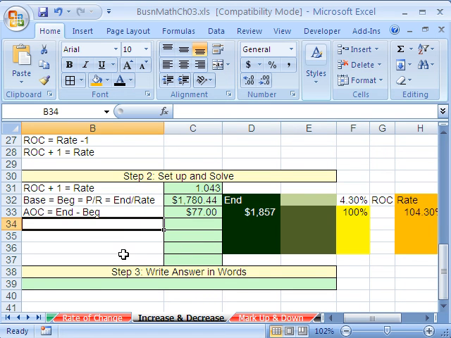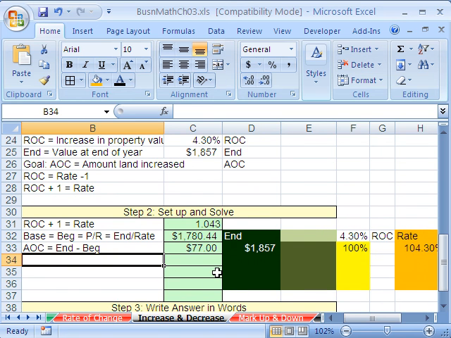Now we can check this. Let's check, and be careful when you're checking with rounded numbers because you won't get the exact answer. I'm going to check method 1 here. I'm going to take this calculated begin amount and see if I can multiply it by this.